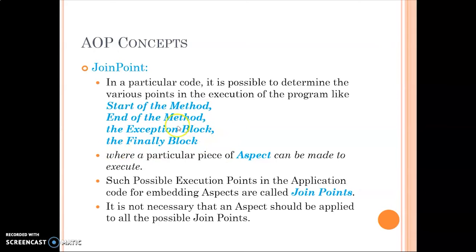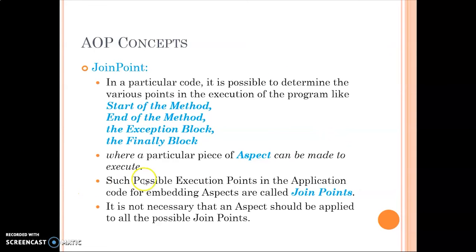So in that case, I can even use the finally block. So these are some of the possible places where you can have it, even at the calling of the method. As you can see, the start of the method, you can go ahead and call that particular code. So as I said earlier, possible places where you can call a particular piece of aspect and you can make it execute is nothing but a join point.